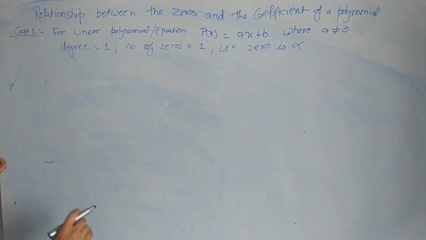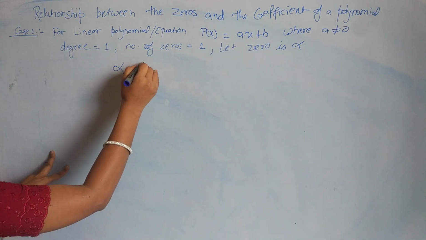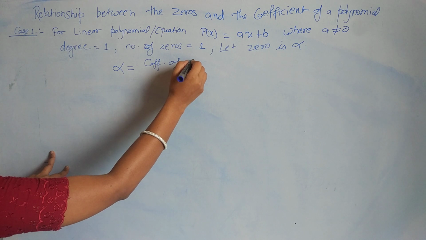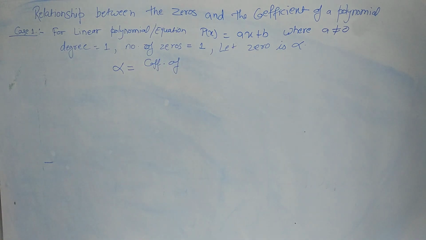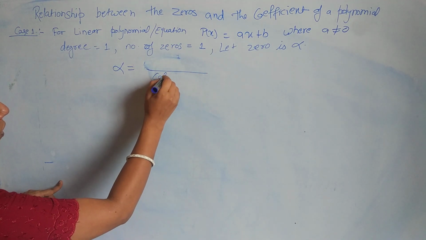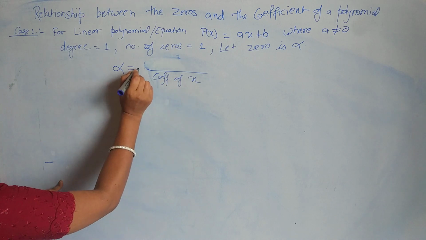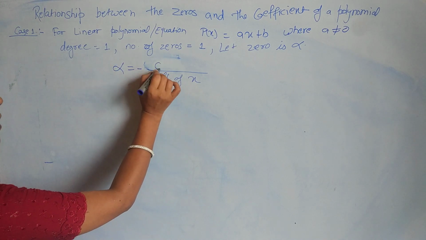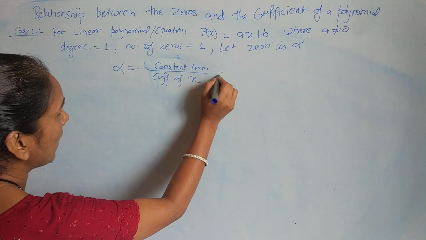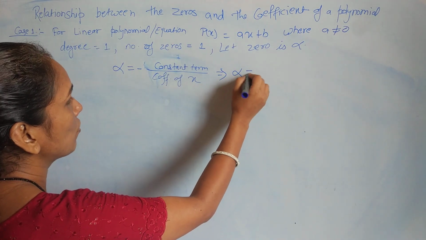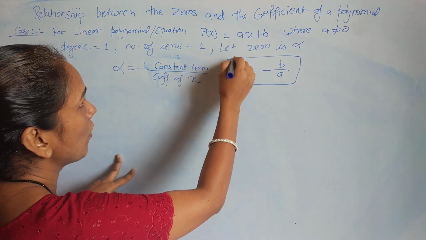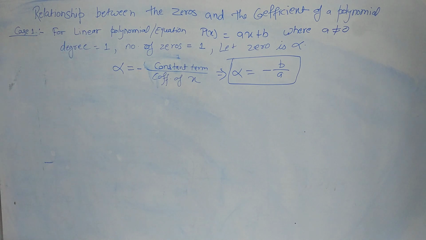Then alpha is nothing but minus the constant term by the coefficient of x, or I can write alpha equal to minus b by a. So this is for linear polynomial.